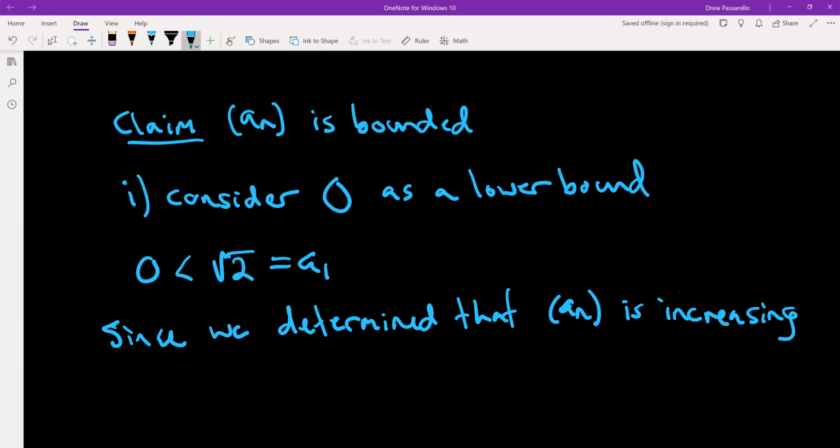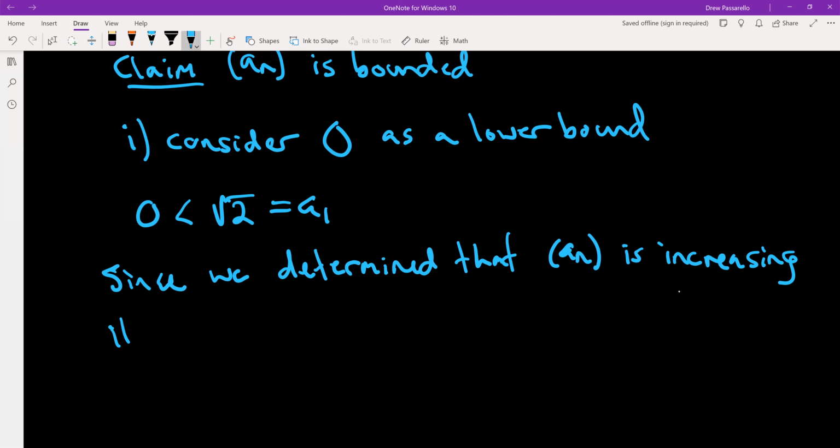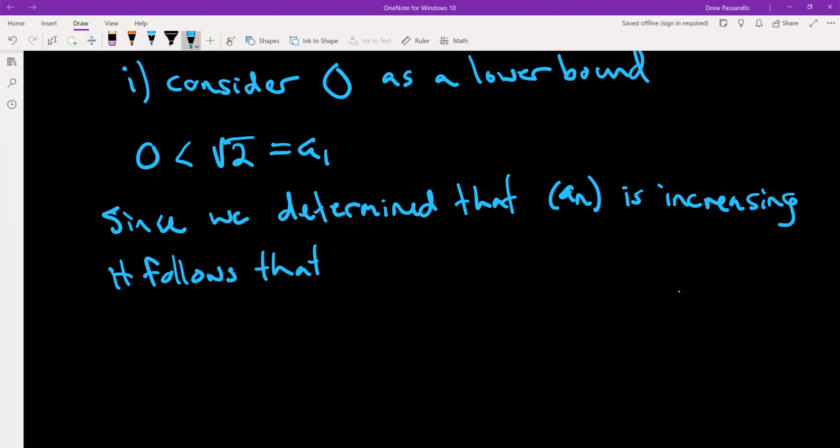It follows that 0 is going to be less than or equal to all the terms. We have 0 is less than or equal to a1, less than or equal to a2, dot, dot, dot, and it keeps going like that. So 0 is a lower bound.